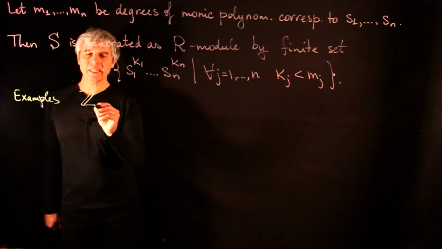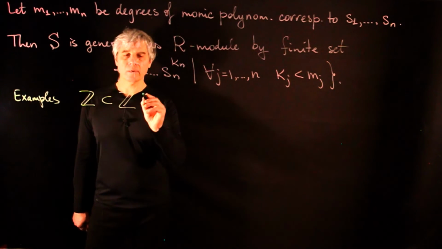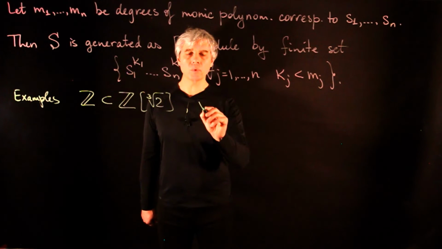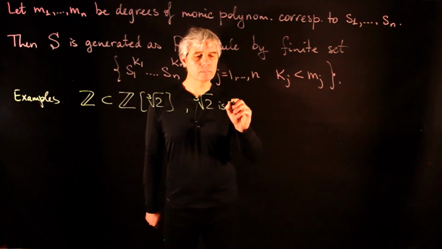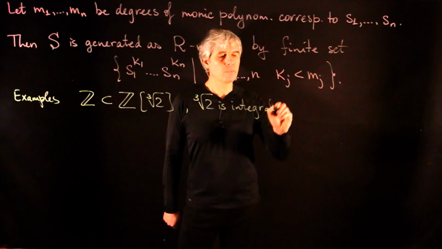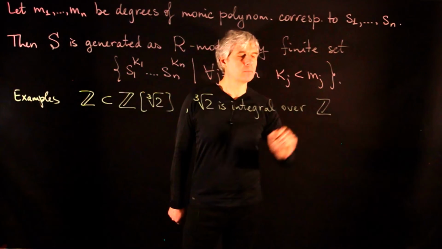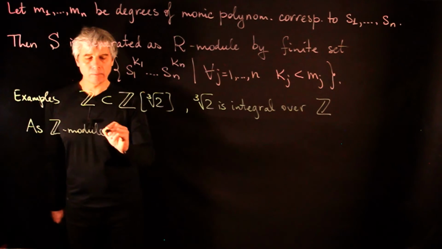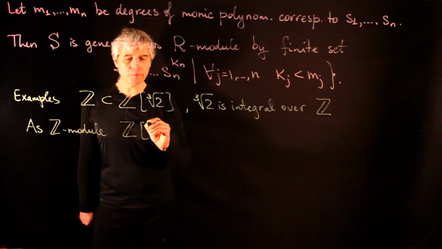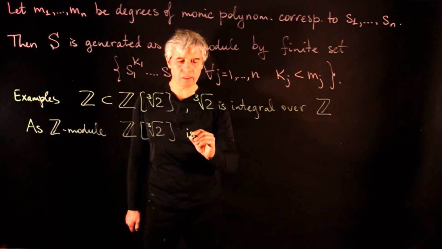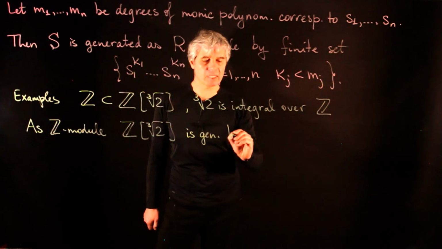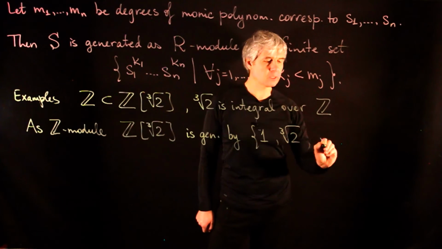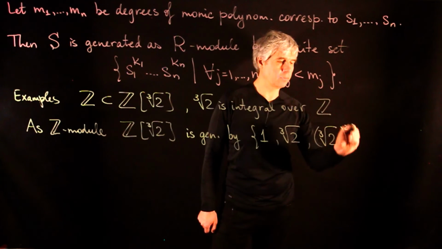If we consider the extension of Z to Z with cube root of 2, then we know that cube root of 2 is integral over Z. And as a Z module, Z with extended cube root of 2, this ring is generated by the set 1, cube root of 2, and the square of cube root of 2.